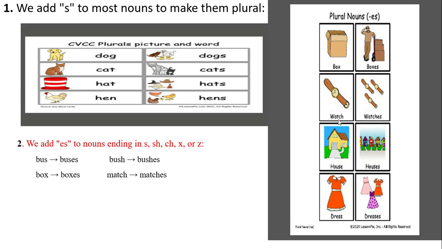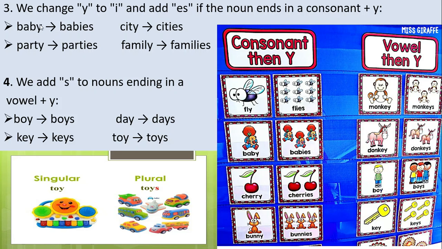Now here is the picture, and you can look at the picture and see the singular and plural form of the particular word. Now, number 3, we change y to i and add es if the noun ends in consonant plus y.